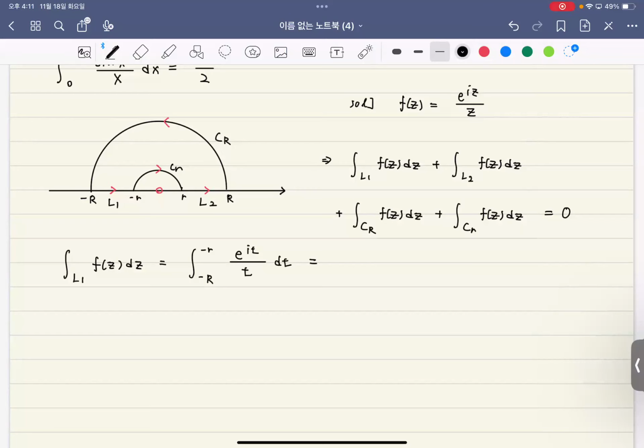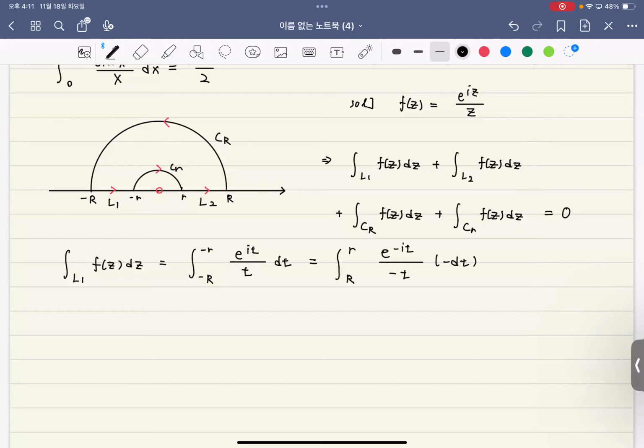I don't like having the negative signs here, so by changing variables, I'll say this is r to R, e to the minus it over minus t, and minus dt.